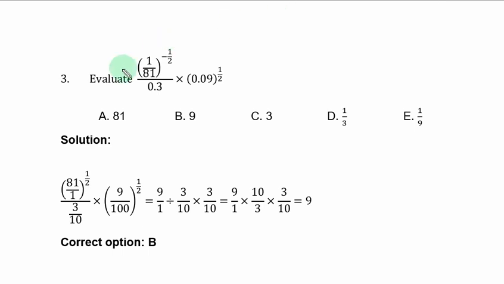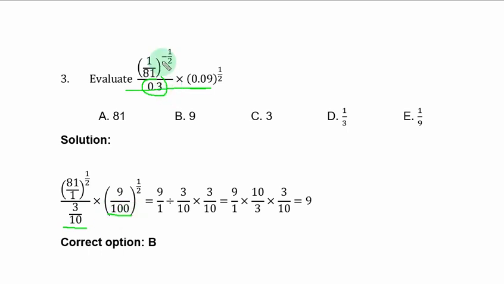Question 3. Evaluate this expression. Here, we need to convert the decimal numbers to ordinary fractions. 0.3 becomes 3 over 10. 0.09 is equivalent to 9 over 100.